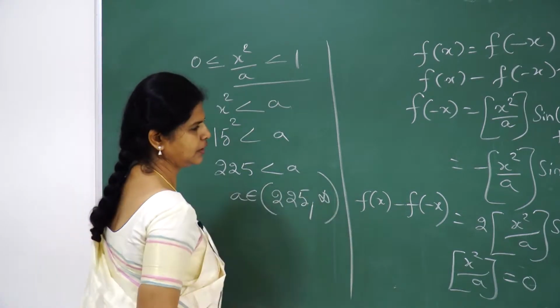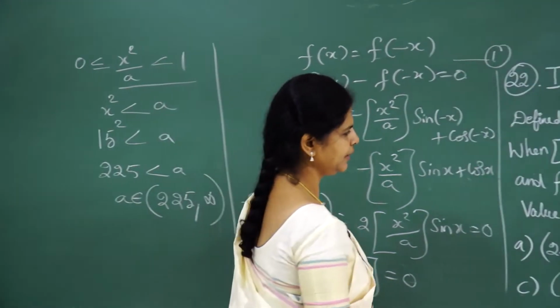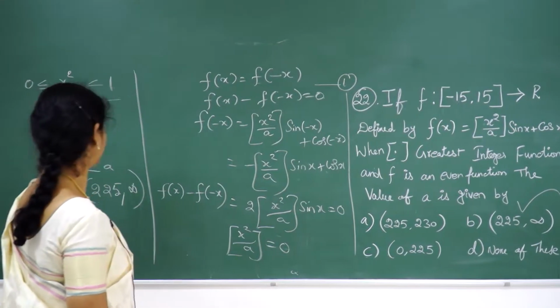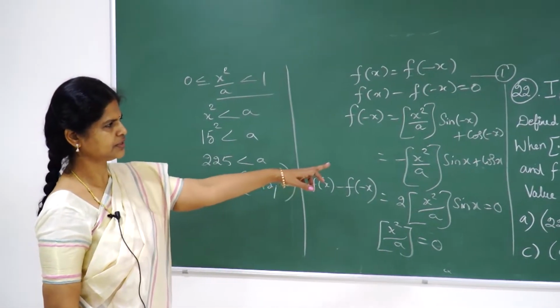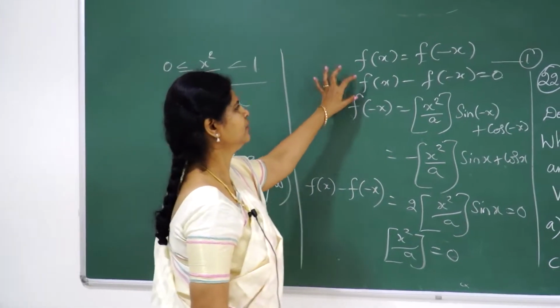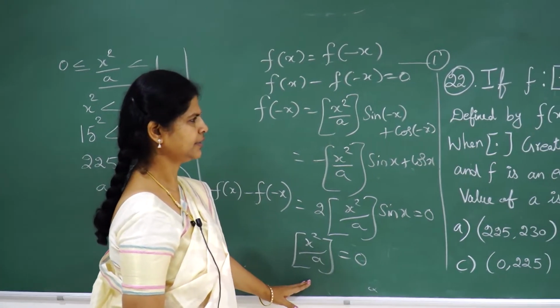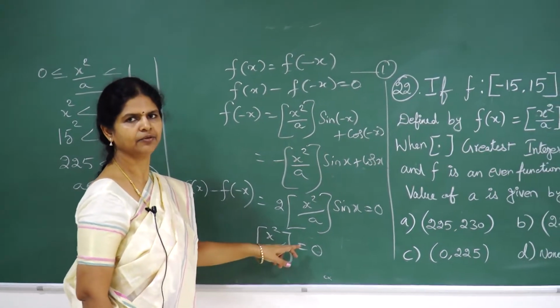So which is your correct answer? B is the correct answer for this function. We are using the even function property and get the answer. This is one more greatest integer and even function problem.